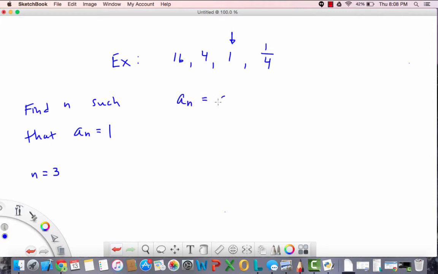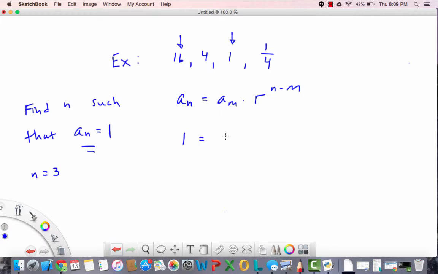A sub n equals a sub m times r to the n minus m, as usual. And we know that a sub n equals 1. So let's sub that in. That equals a sub m. And we can choose any of these remaining 3 values if we'd like. Let's choose this one for now.